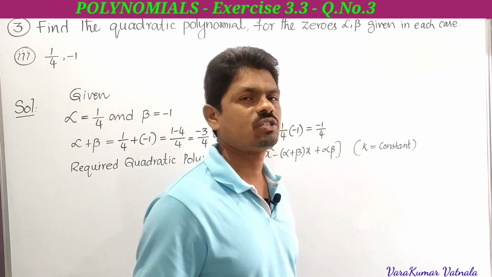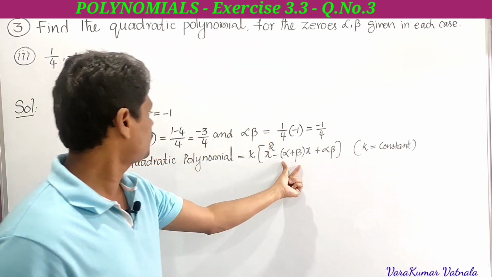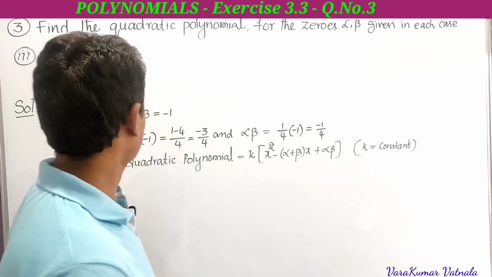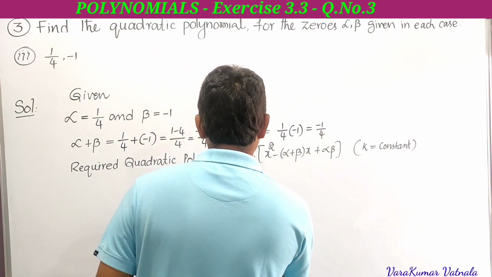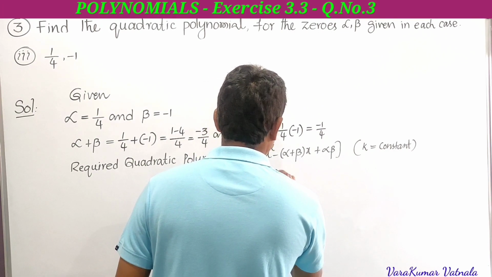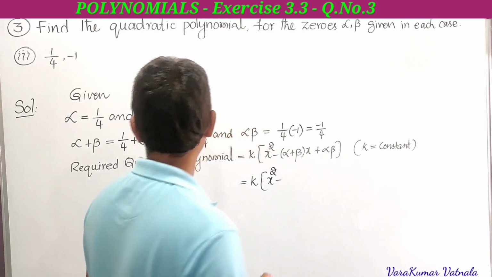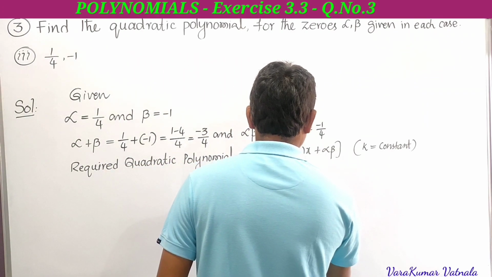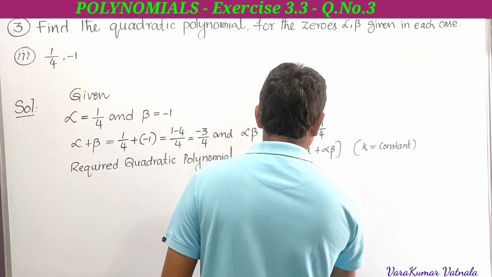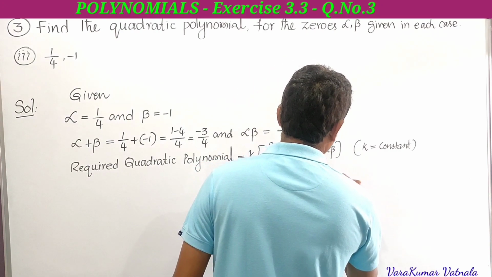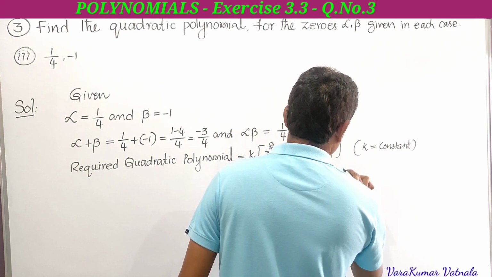k is equal to constant. Now we have to substitute alpha plus beta is minus 3 by 4 and alpha into beta is minus 1 by 4. So now I am substituting k into x square minus alpha plus beta, that is minus 3 by 4, into x plus alpha into beta, that is minus 1 by 4.